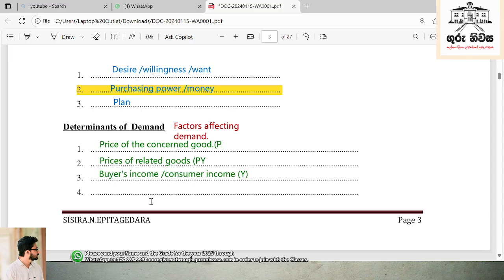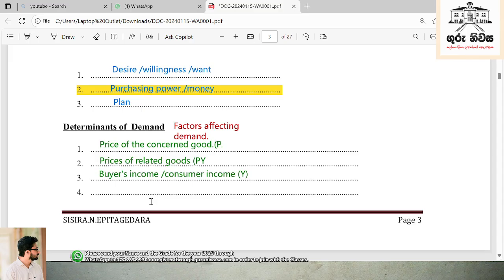Because the demand of a product basically depends on price, and the other main one is income. Because if consumers don't have income, how to buy? How can they afford our product? So number one is the price of the product. The other main factor is buyer's income, which directly affects demand.